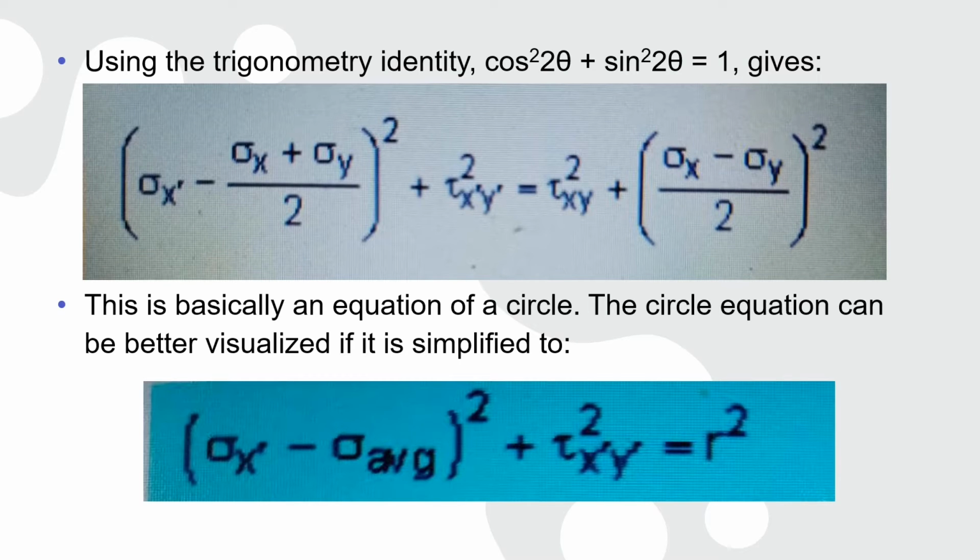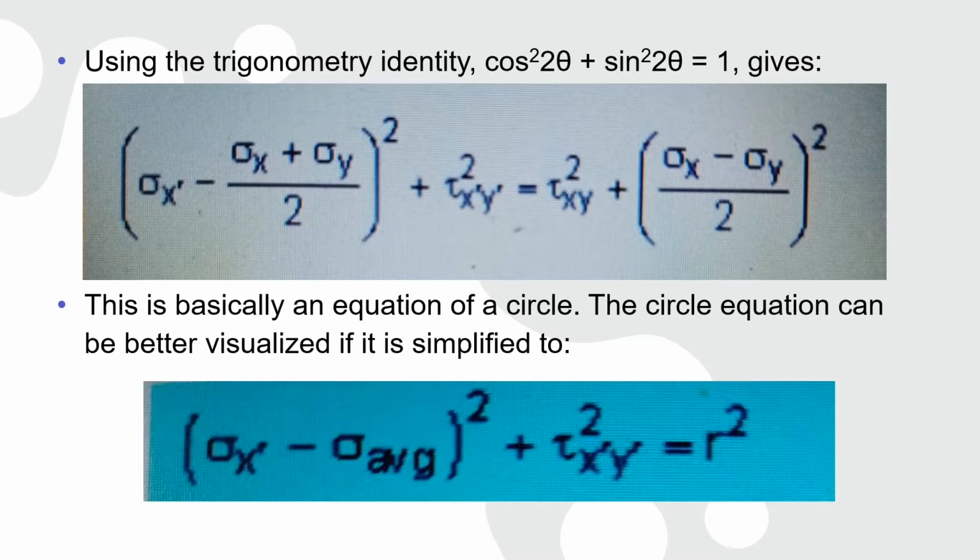Using the trigonometric identity, which is cos squared 2θ plus sin squared 2θ equals 1, gives an equation like this. This is basically an equation of a circle. The circle equation can be better visualized if it is simplified to give an equation like in this blue picture.